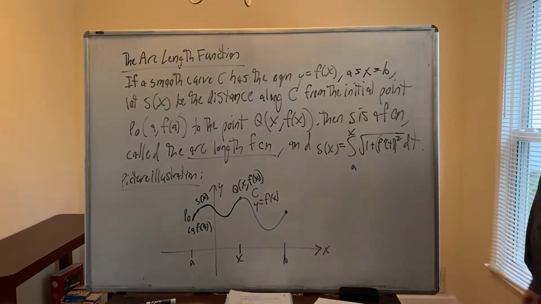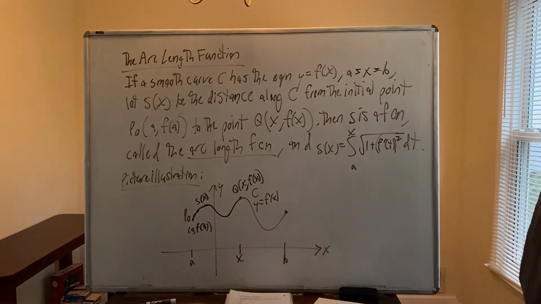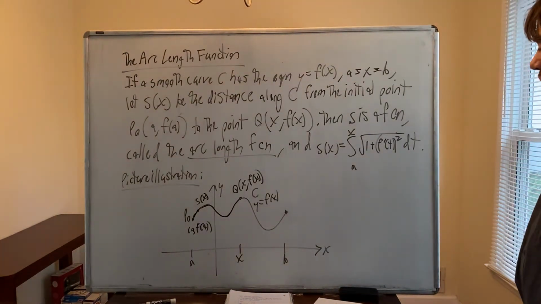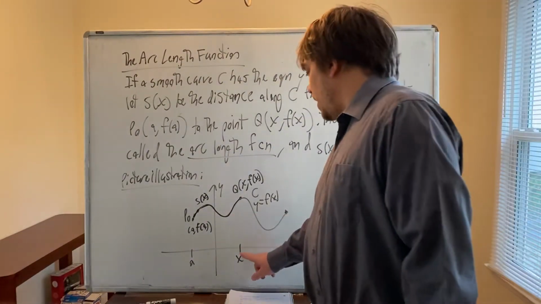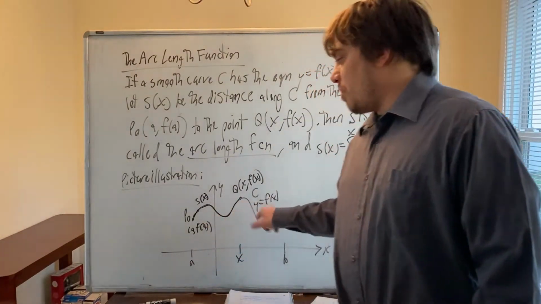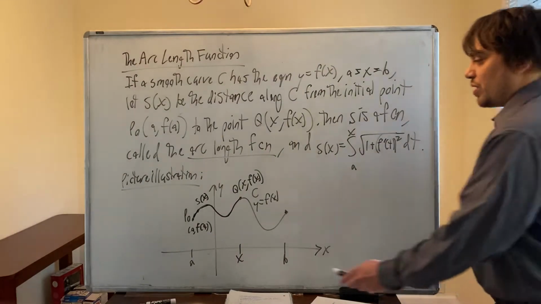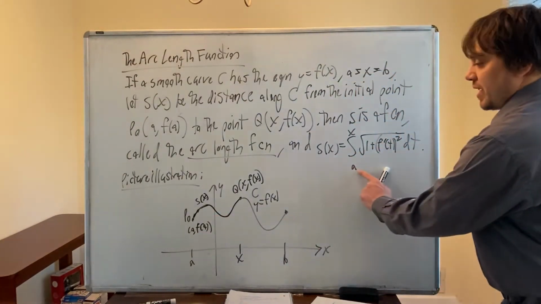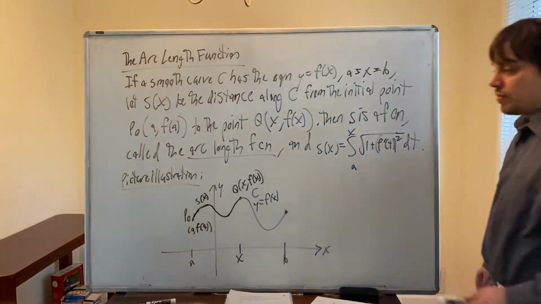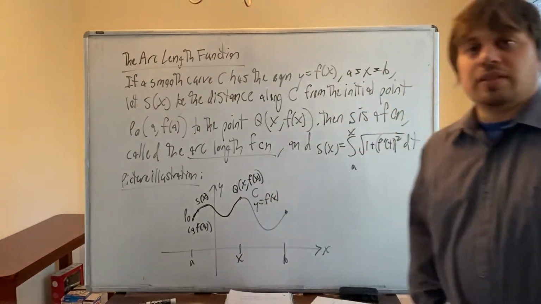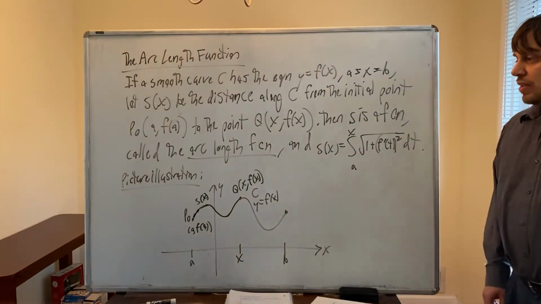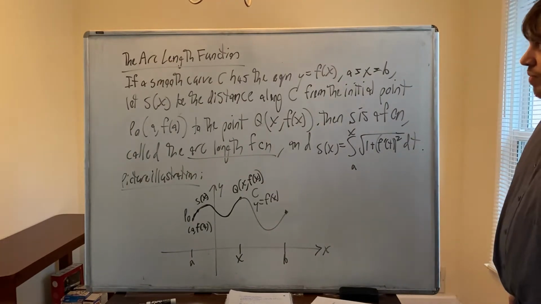Make sense? Okay, so that's what the arc length function is doing. As an input to the function, you're deciding the x value, the point on the curve where you're stopping, which is the end point, for some fixed point (A, f of A) on the function, point P naught. Okay, so that is the purpose of the arc length function.